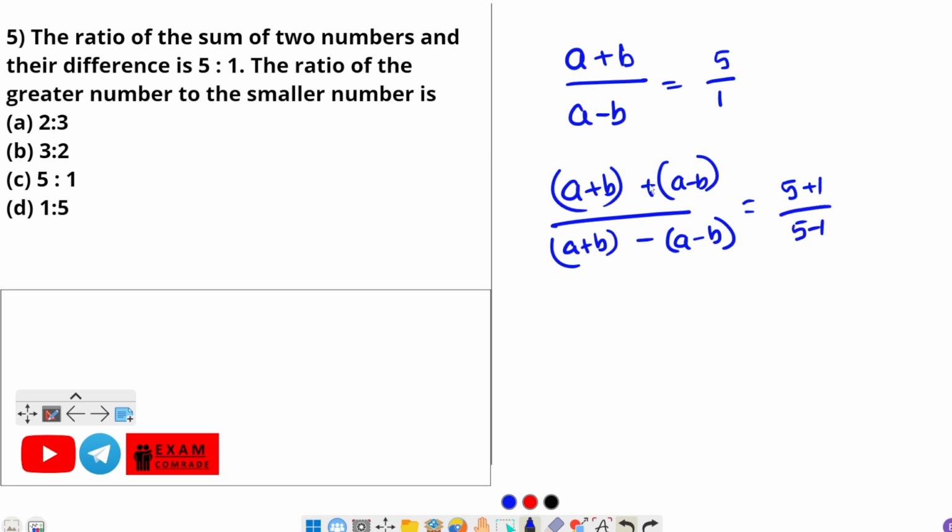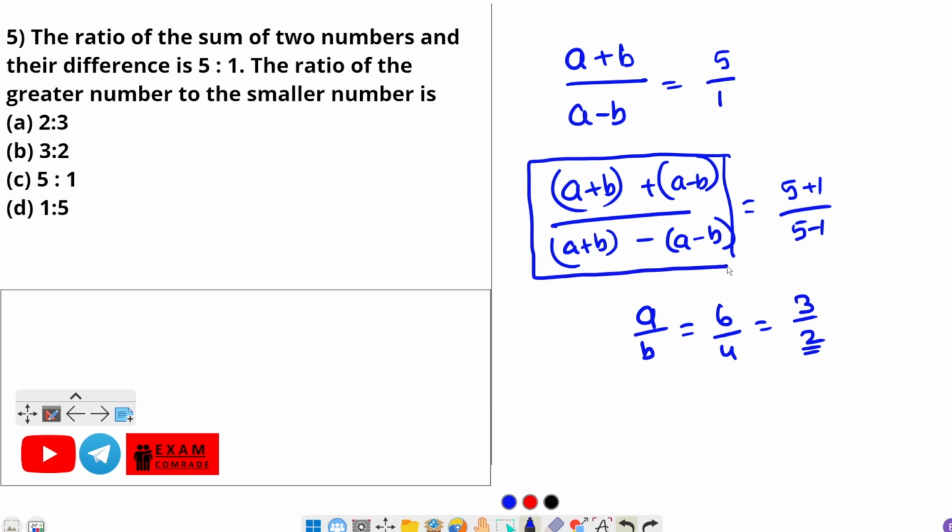So A plus B plus A minus B is 2A and the denominator comes as 2B. So on the left hand side we get A by B, that is 6 by 4, that is 3:2. Okay, no need to write this expression. Whenever it is in the form of A plus B by A minus B, after applying componendo and dividendo, you will get it in the form of A by B. Okay, the answer is B.